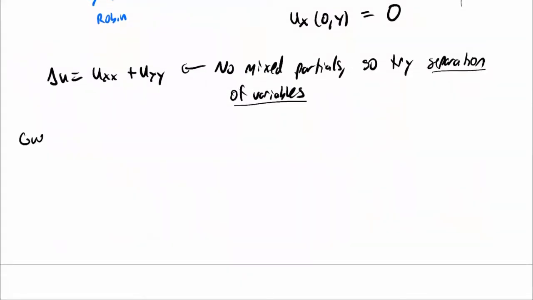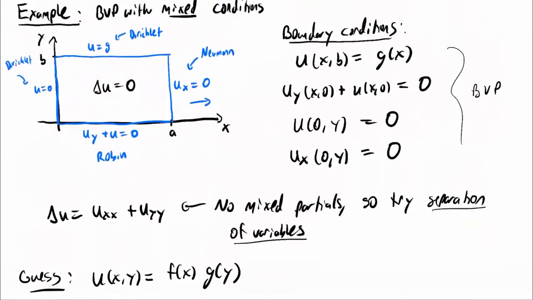So let's guess a solution of the form u(x,y) is some function of x times some function of y. So let's say u is f times g. Maybe to avoid confusion, let me change the g over here to an h. So the Dirichlet condition is u is equal to h of x when y is equal to b.